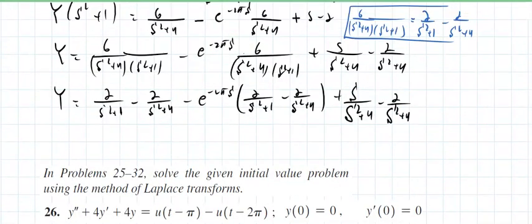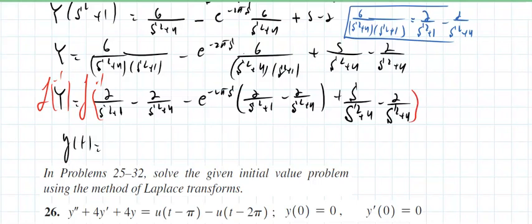And if I apply the inverse Laplace transform, I'll find the solution, f of t or y of t. This will be simply twice the sine of t minus the sine of 2t, if I'm not mistaken.